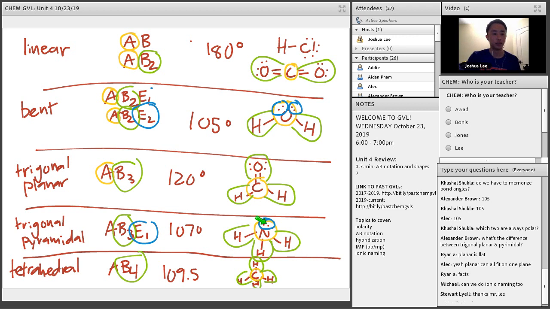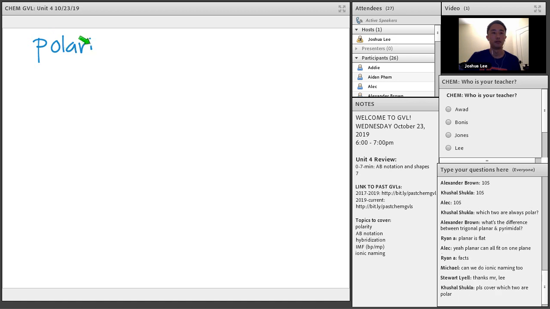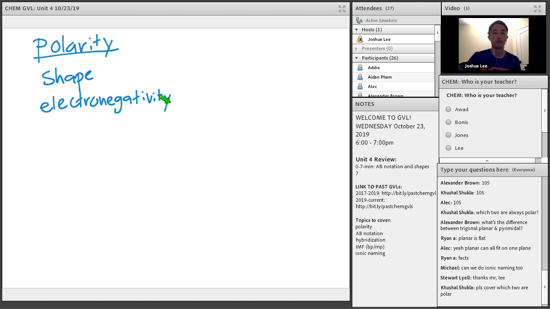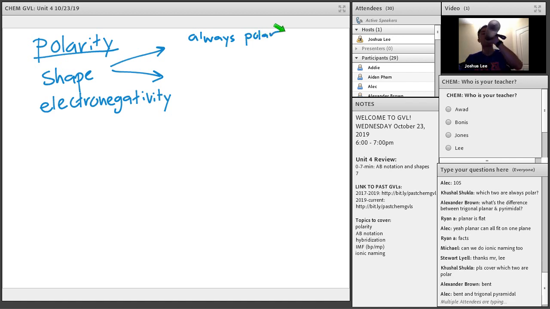Polarity depends on two things. Polarity depends on shape and electronegativity. What are the two shapes that are always polar? Nice, Alec.